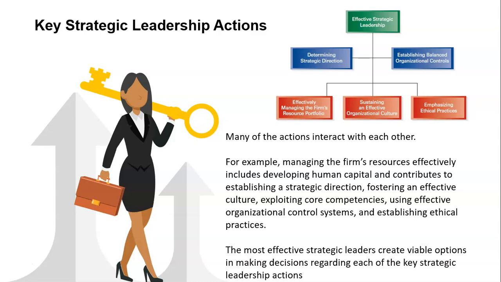So for example, managing the firm's resources effectively includes developing human capital and contributes to establishing strategic direction, fostering an effective culture, exploiting core competencies, using effective organizational control systems, and establishing ethical practices. So the most effective strategic leaders create viable options in making decisions regarding each of the key strategic leadership actions.